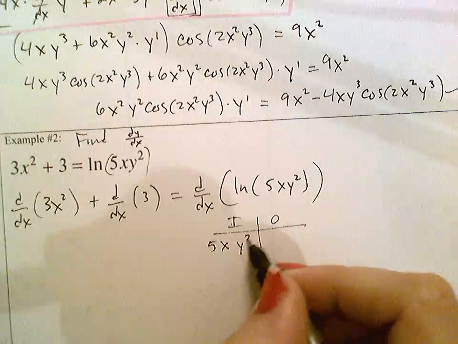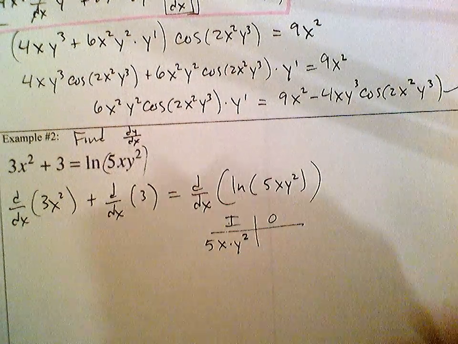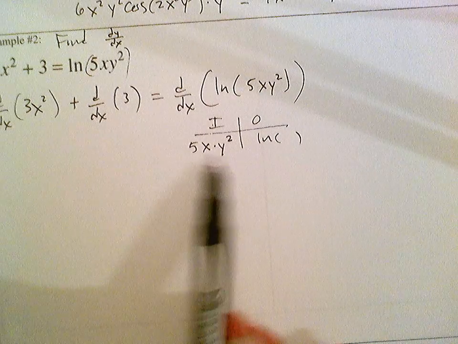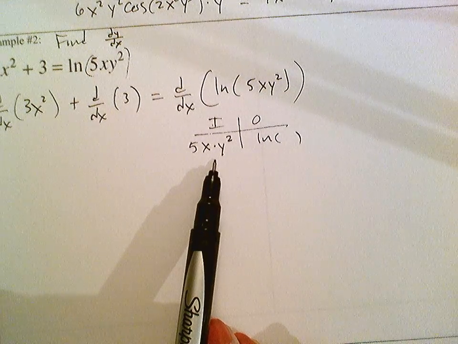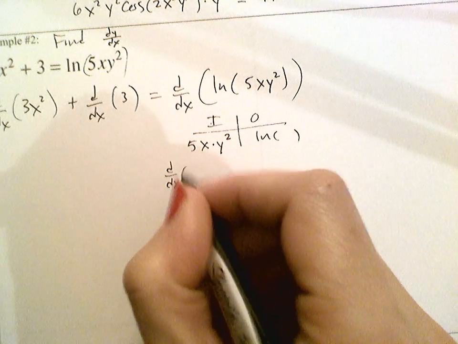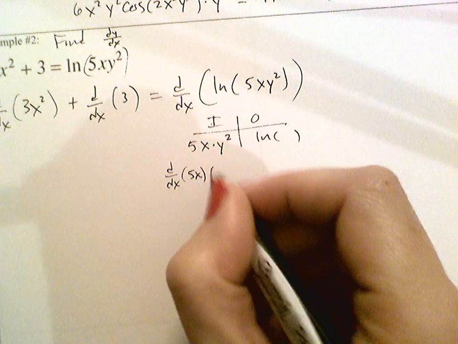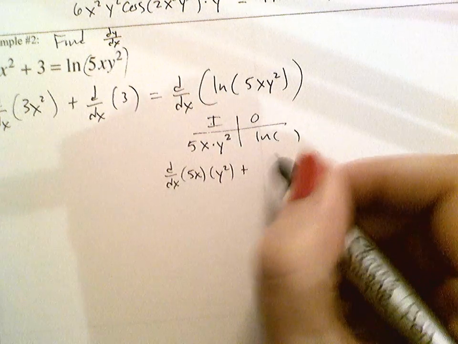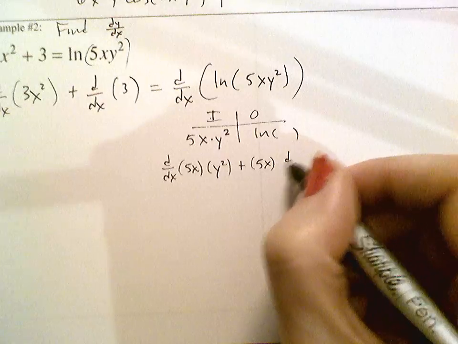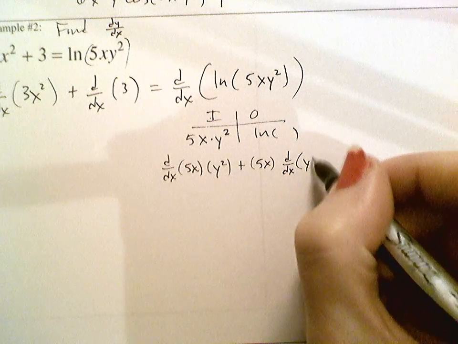So 5xy squared is the inside, natural log of blank. Now to do the derivative of this, I need product rule. So d dx of 5x, and then you just bring down the y squared, plus bring down the 5x, d dx y squared.